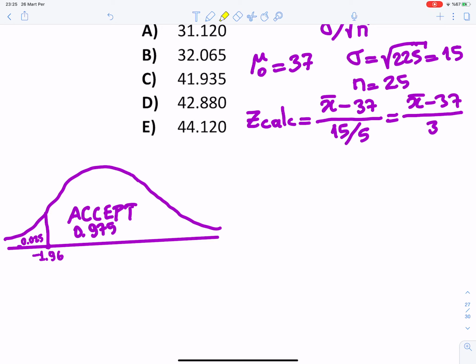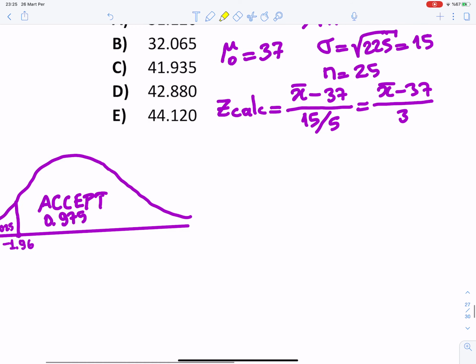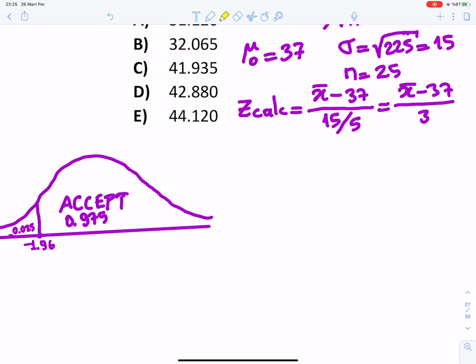If it is less than minus 1.96, you reject the null hypothesis. So the calculated statistic should be at most minus 1.96 to reject the null hypothesis. So it is in fact x bar minus 37 divided by 3 equals minus 1.96.